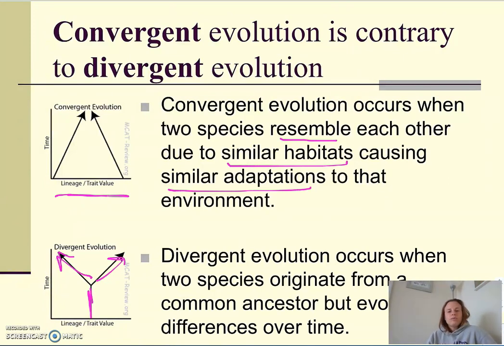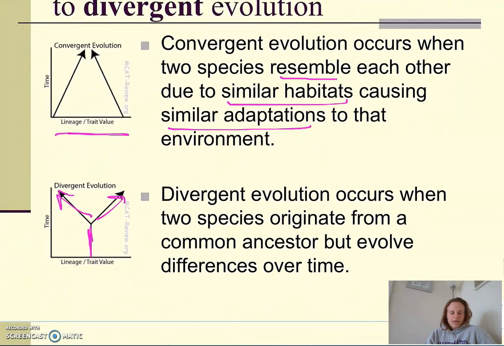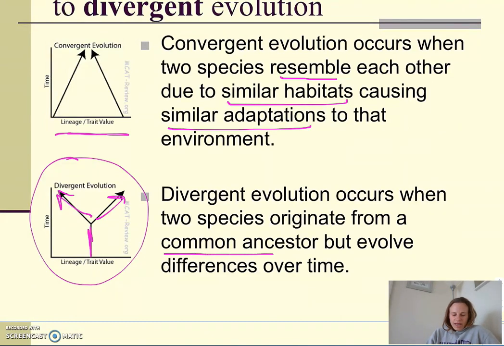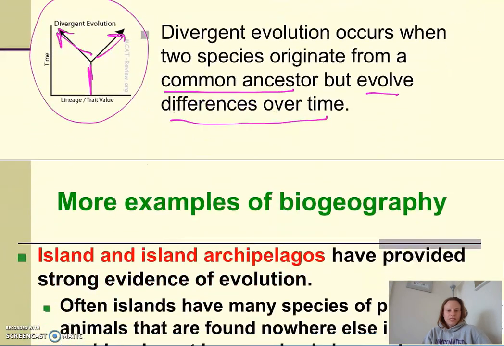And your example would be the sugar glider and the flying squirrel. On the other hand, if we wanted to summarize divergent evolution, this would be the image we could draw for divergent evolution. And it's when organisms have a common ancestor, but evolve differences over time. For example, humans and chimpanzees.